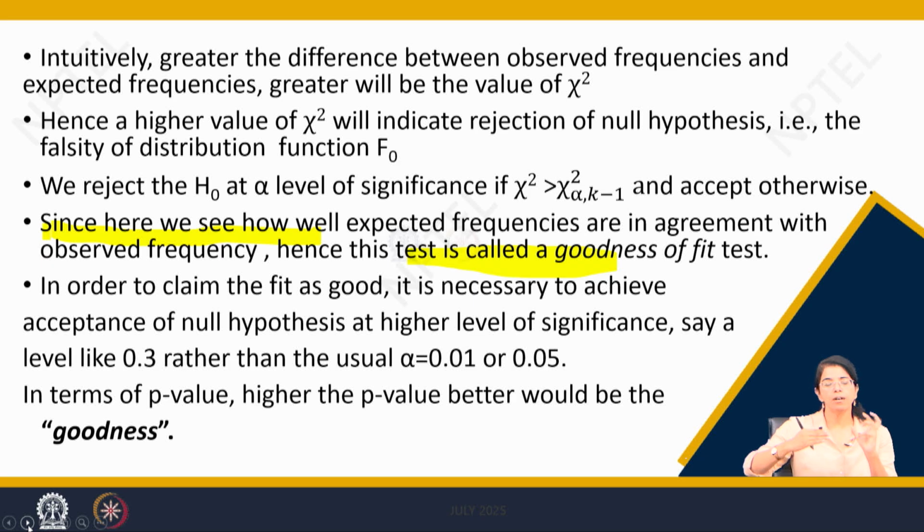So if your observed frequency is very close to the expected frequency which is coming from the population idea, then you can conclude that the observations at your hand are the sample from the hypothesized population which you are claiming, right?